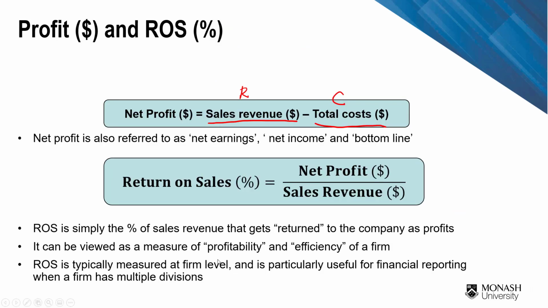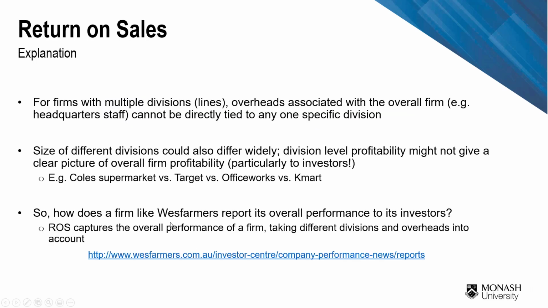ROS, or return on sales, is typically measured at a firm level. You are looking at the firm in general rather than at a specific business subsidiary. For a firm with multiple divisions, overhead is associated with the overall firm and cannot be directly tied to one specific division, like for example, as I said just now, the cost of headquarters.